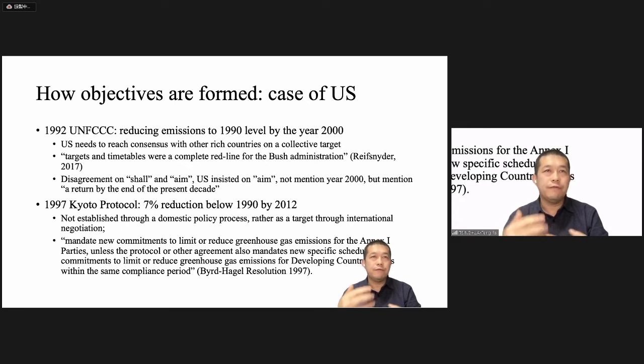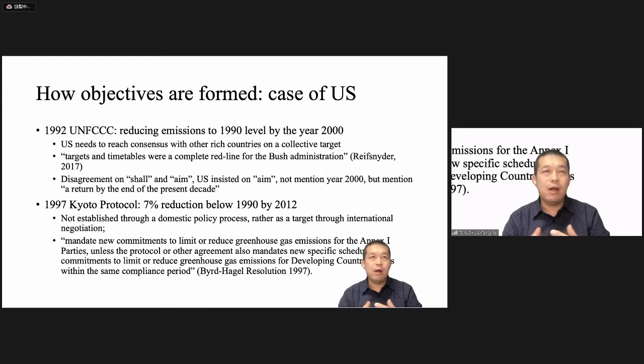And so there was a lot of disagreement between the United States and European countries, especially on the words shall and aim, because shall means that the target is mandatory for the United States, and aim means that it will be voluntary.